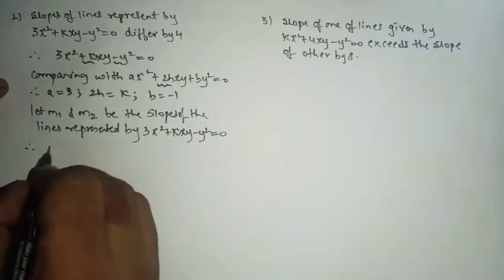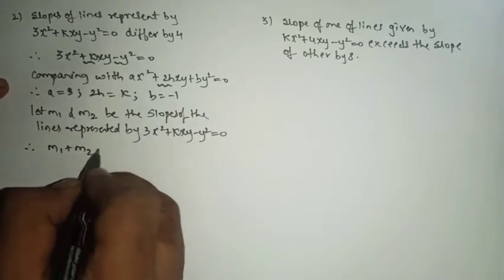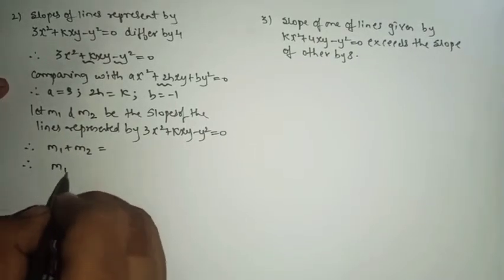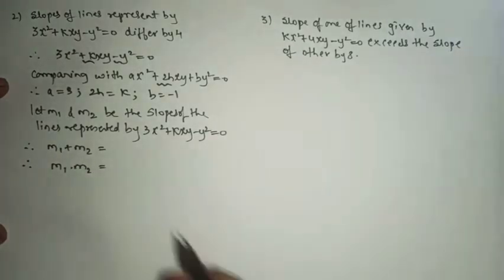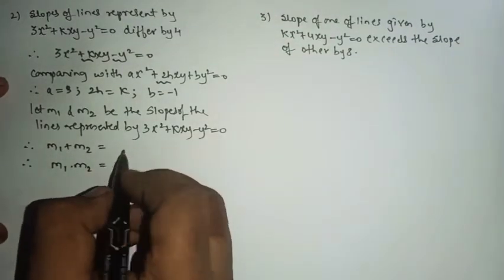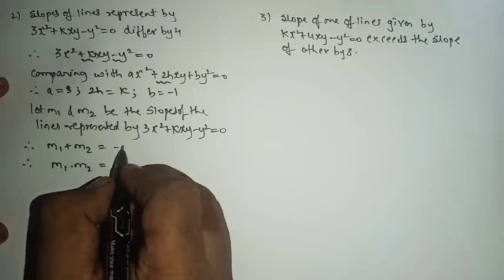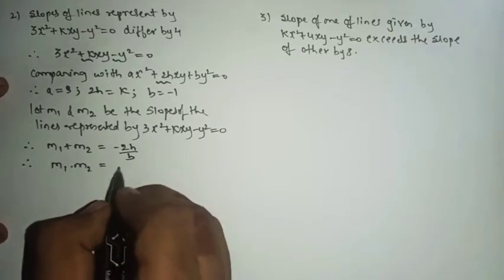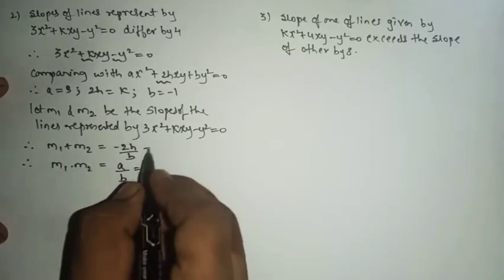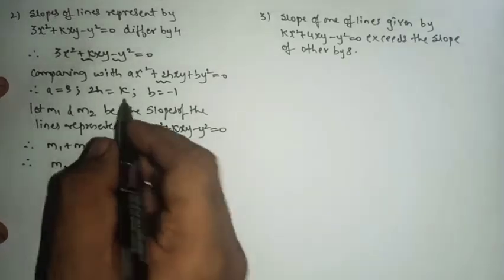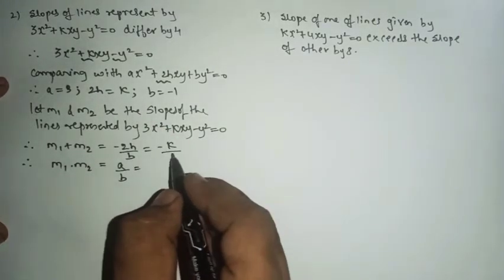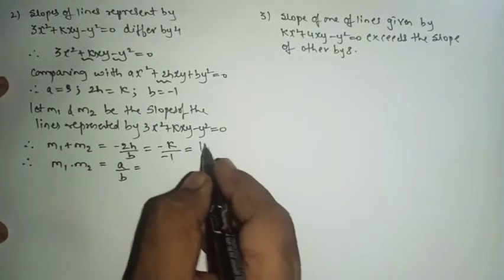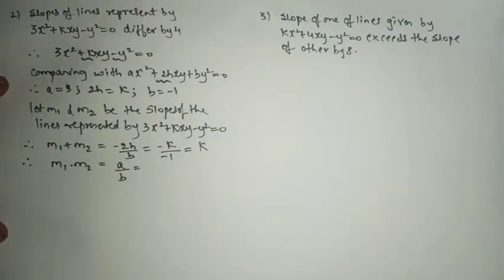You will find the sum of the slopes and the product. The sum of the slopes is -2h/b, and the product is a/b. Replace 2h by k, so k upon b is k upon -1. So the sum of the slopes is k.